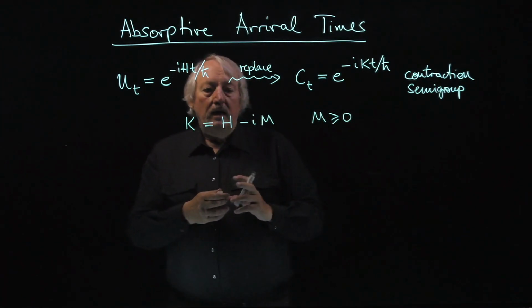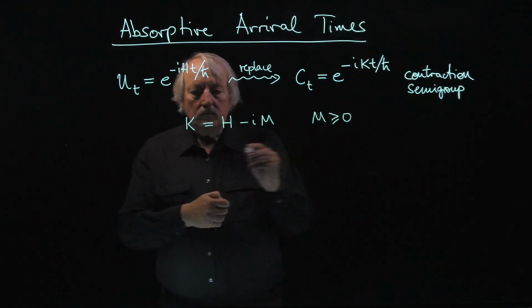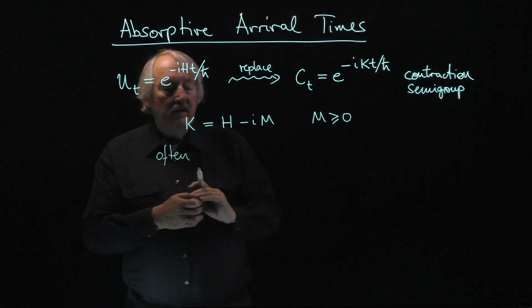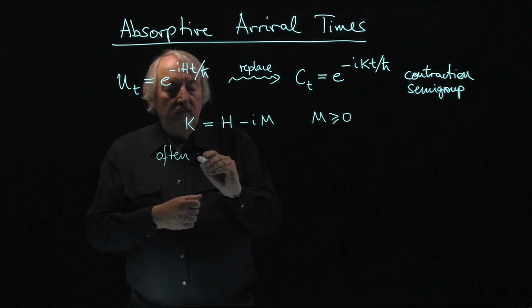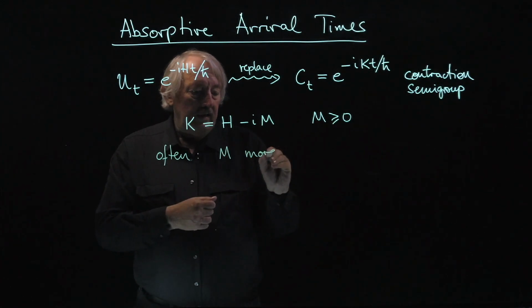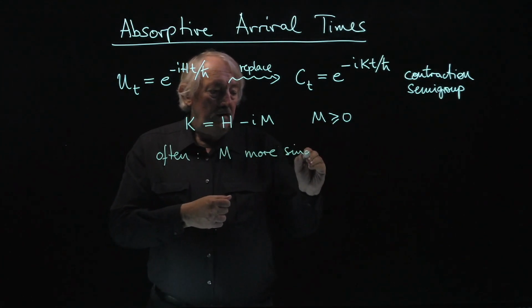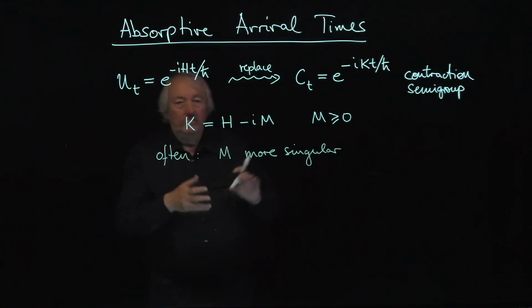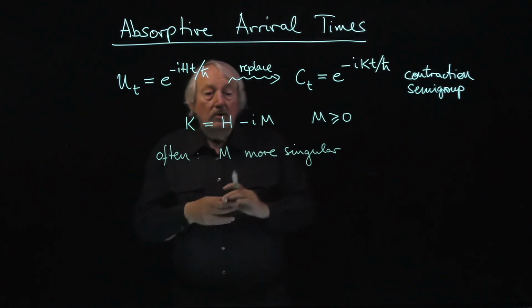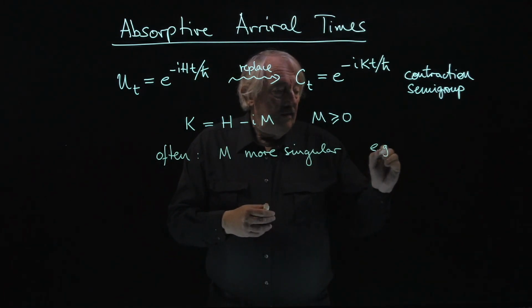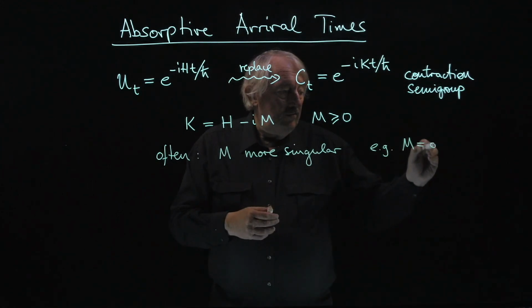Right? Now also, in the examples I will give, often M is more singular than that. I'm suggesting here that M is a bounded operator, maybe. It could be unbounded, but it could even be something as weird as the delta potential.